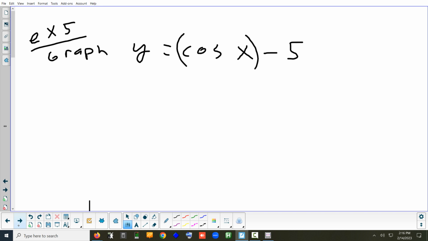Let's finish with a cosine going down. So, Keon, I know this one is some type of shift because it has subtraction. How do I know whether it's a phase shift or a vertical shift?